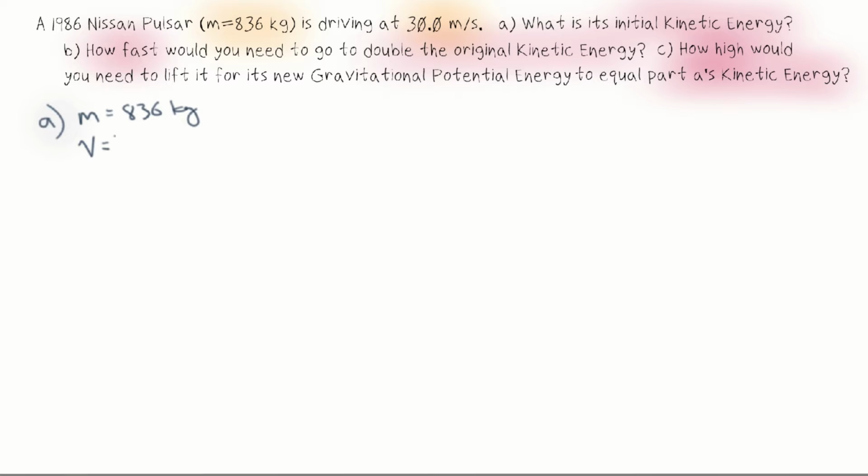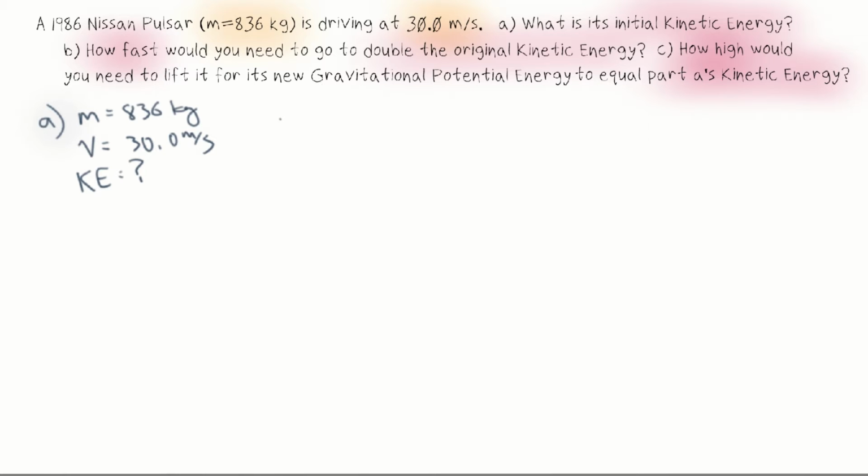We're going to need to know the velocity, or technically it's really the speed. We're interested in the magnitude of the motion, not the direction. And I am going to do a sketch, but I'll do it for part C in this case. We won't really need it until that point.